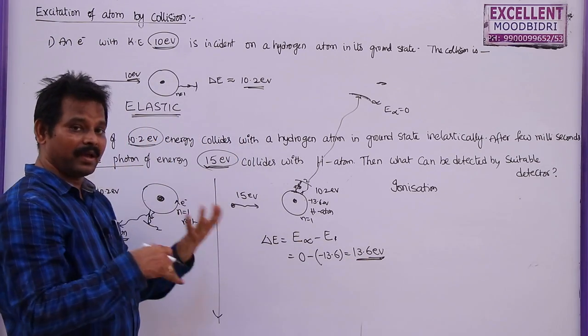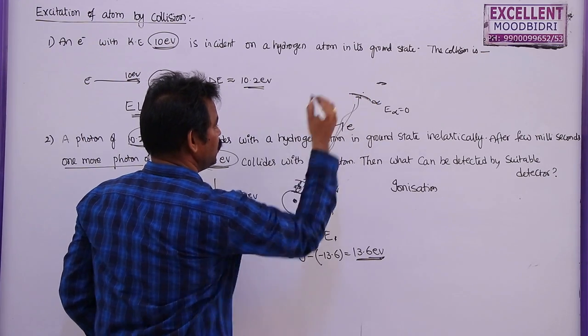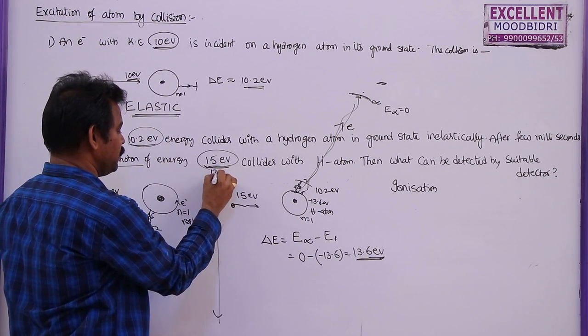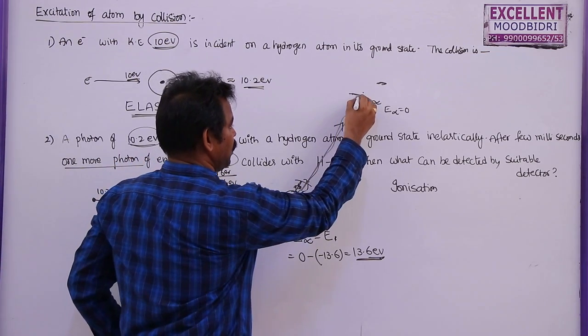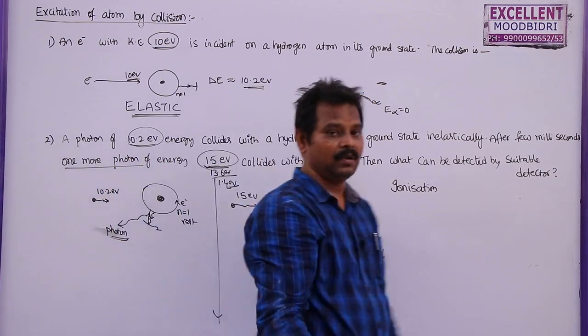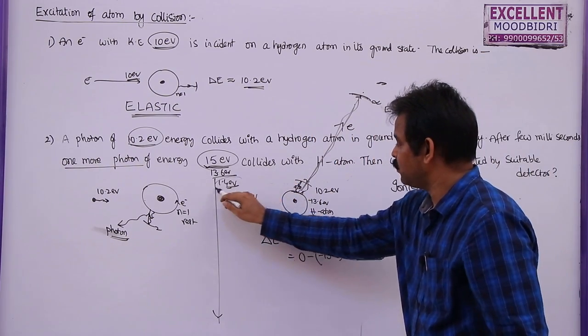But what is the remaining energy left with this electron? This electron which has jumped to the higher energy orbit: 15 minus 13.6, so 1.4 electron volts. After jumping to the infinite orbit, it comes out with a kinetic energy of the difference, 1.4 electron volts.